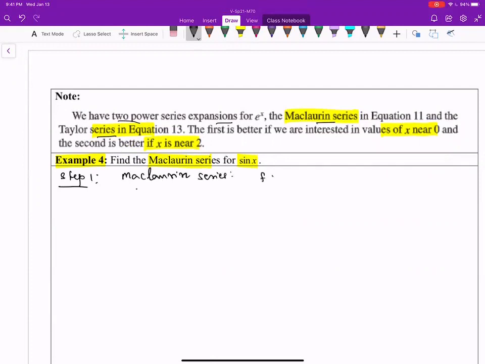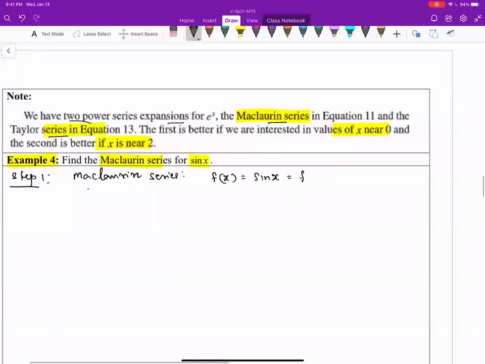So f of x equal to sin x. Because the Maclaurin series is centered at 0, it is f at 0 plus f prime 0 over factorial 1 times x, plus f double prime 0 over factorial 2 times x squared.